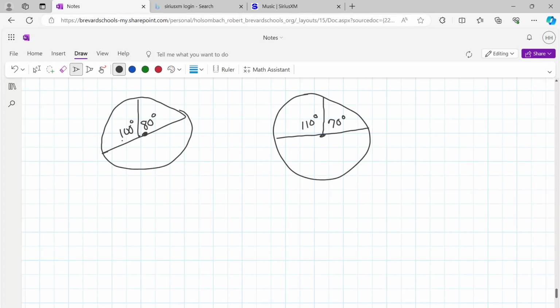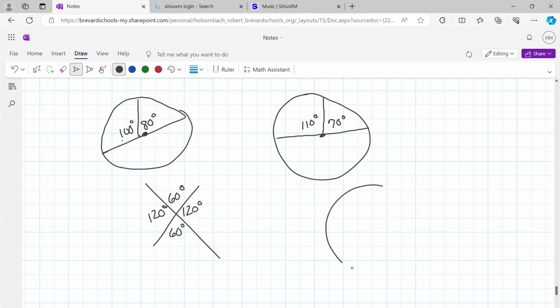So continue to use all your rules about intersecting lines or intersecting segments. If these two segments intersect, and this angle is 60 degrees, what's the angle right below it? 60 degrees, because they're vertical angles, right? And because they're vertical angles, in this case, you have a linear pair. This is 120, and this is 120.